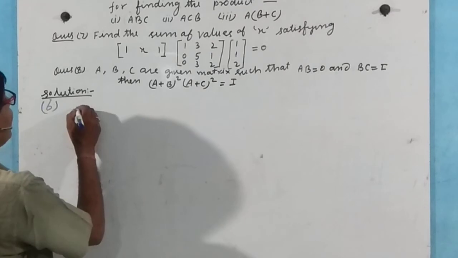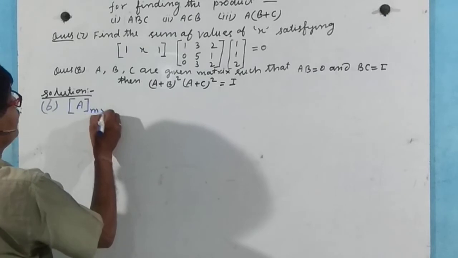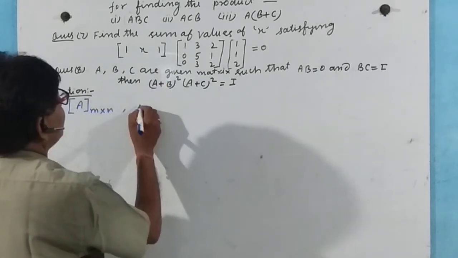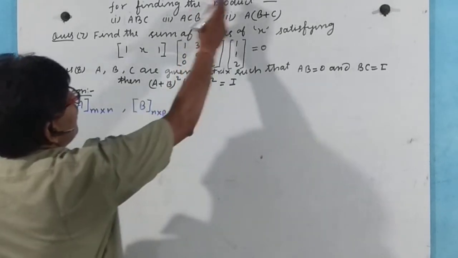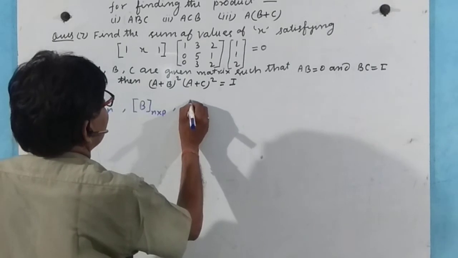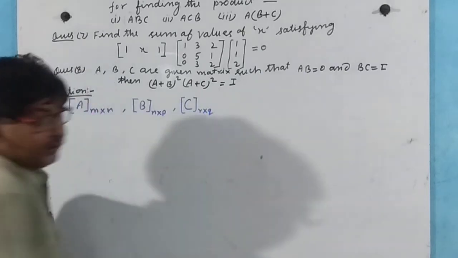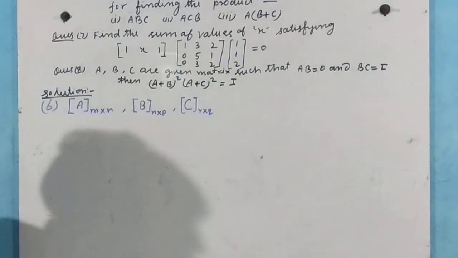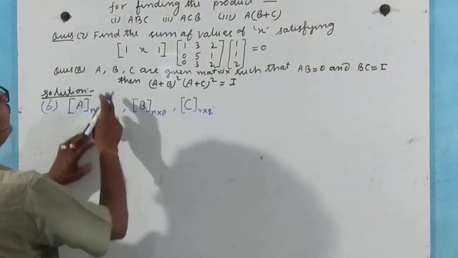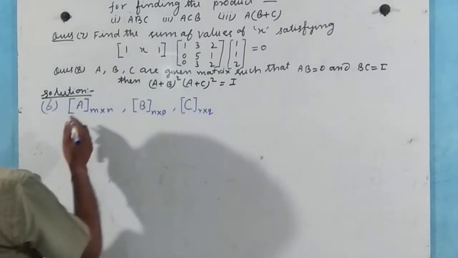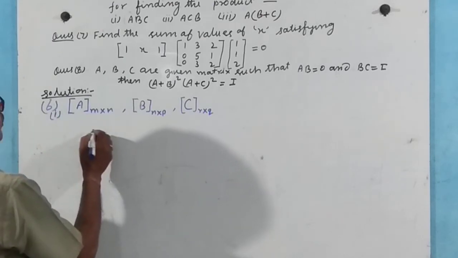Now question number 6. Matrix A is M cross N, matrix B is N cross P, and matrix C is R cross Q. Here we have to calculate ABC, so first AB.